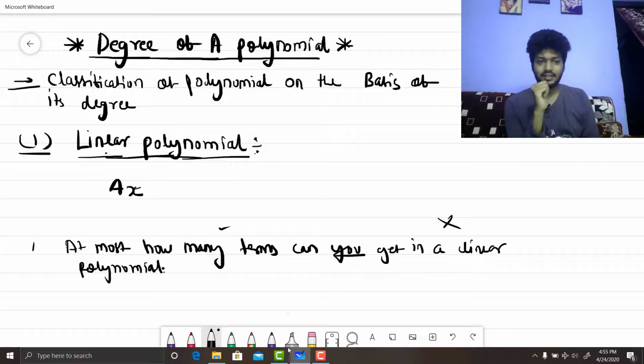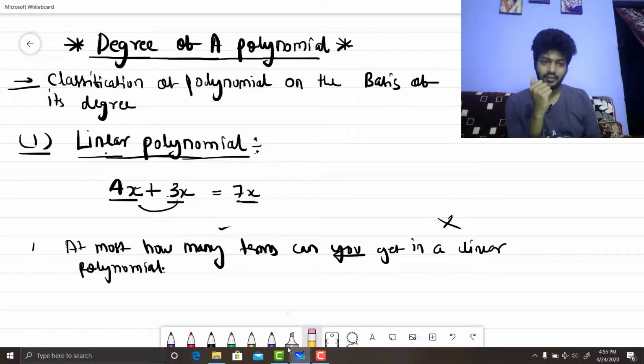Suppose take 4x. Now it already has all the qualifications needed to be a linear polynomial. Let's suppose we start adding more terms. If we add another term containing x, let's suppose 3x, then these two will get added up, so it will again become a single expression, 7x itself. So no point in adding the same kind of term, the term which has variable x only.